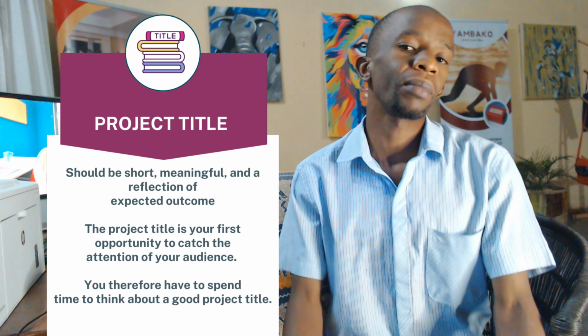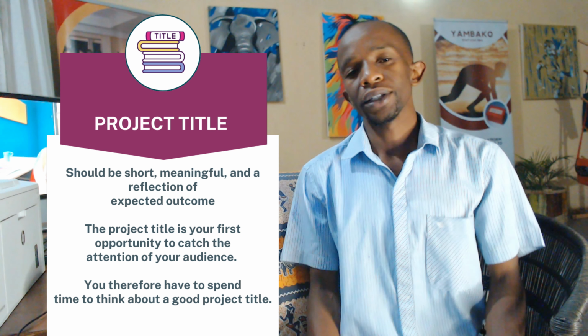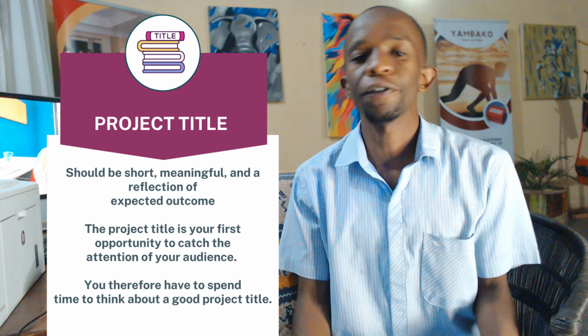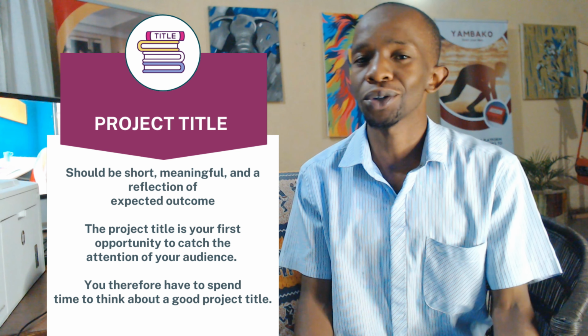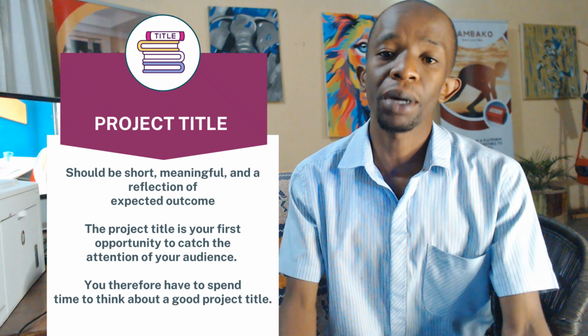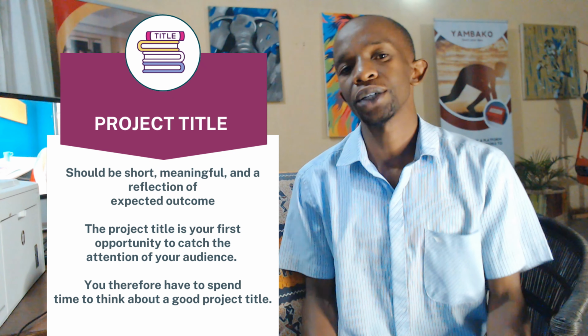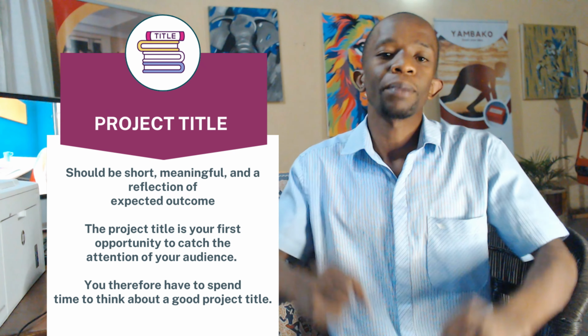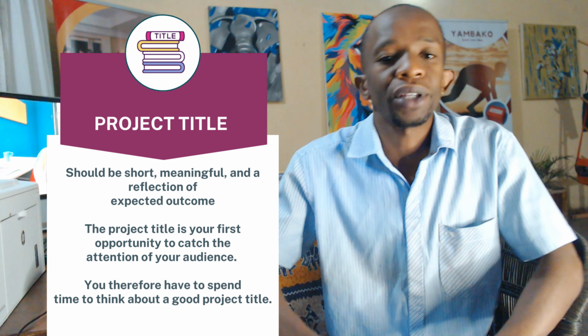And also remember mostly that whenever somebody is looking at the project document, the first thing that they'll catch will be the project title. So you need to make sure that you spend significant amount of time, good time, when developing the title, so that you can grab the attention of your audience just by the title.